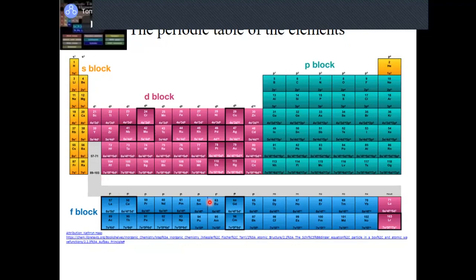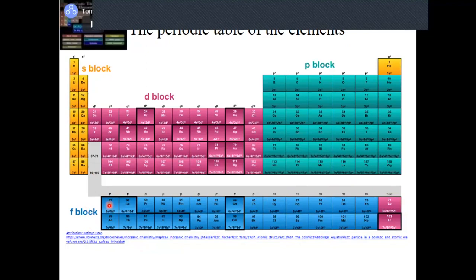Instead, this f block is usually placed underneath the periodic table. The f block contains the so-called lanthanides and the actinides.